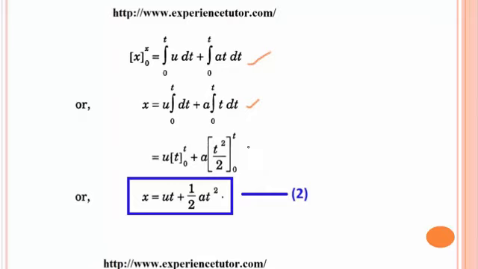On solving this, we get ut from 0 to t plus a t square upon 2 from 0 to t. Upon solving, we get x is equal to ut plus half at square. This is the second equation of motion.